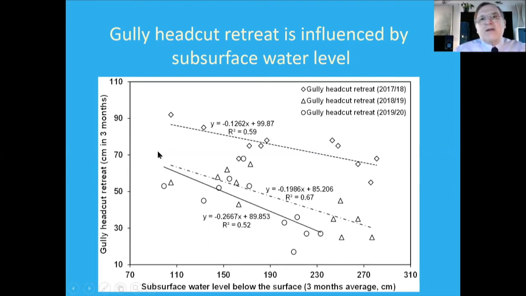So this diagram tells us that subsurface water fluctuations and saturation conditions are very crucial, very effective in controlling or causing gully head retreat.